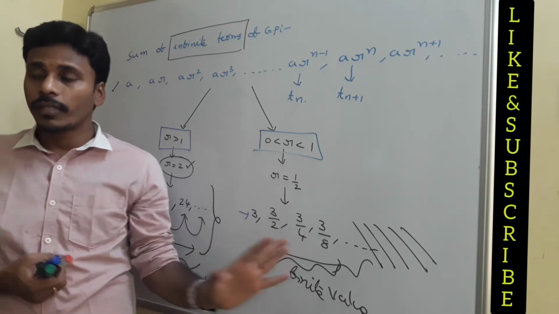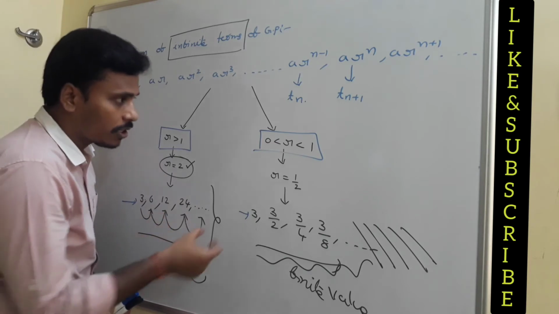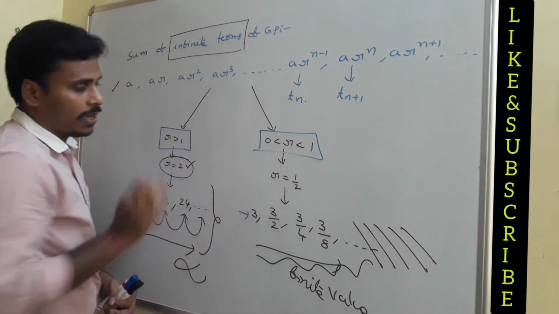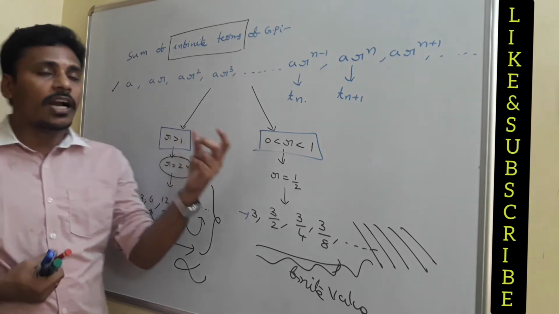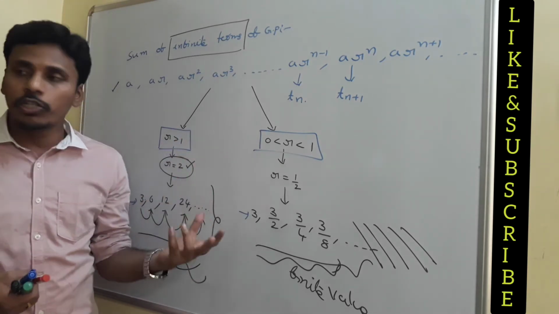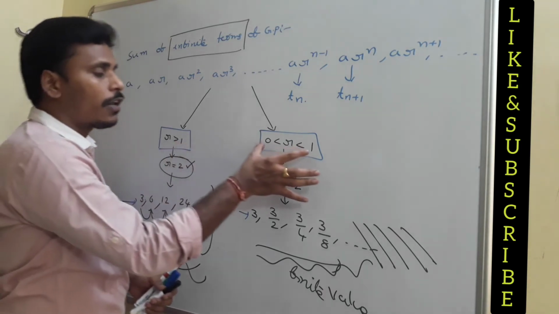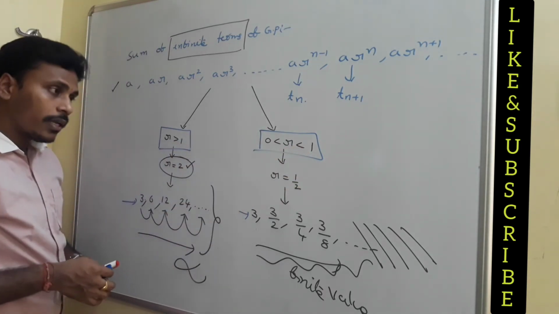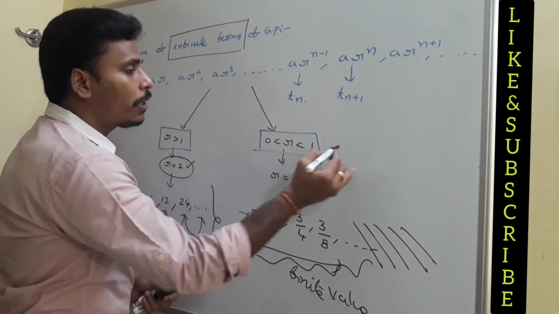Is it clear? Now, how to find the sum of infinite terms of the geometric progression if my R value is less than 1? For the geometric progression, the common ratio R may be positive or negative also. I mentioned R greater than 1 and R in between 0 and 1.